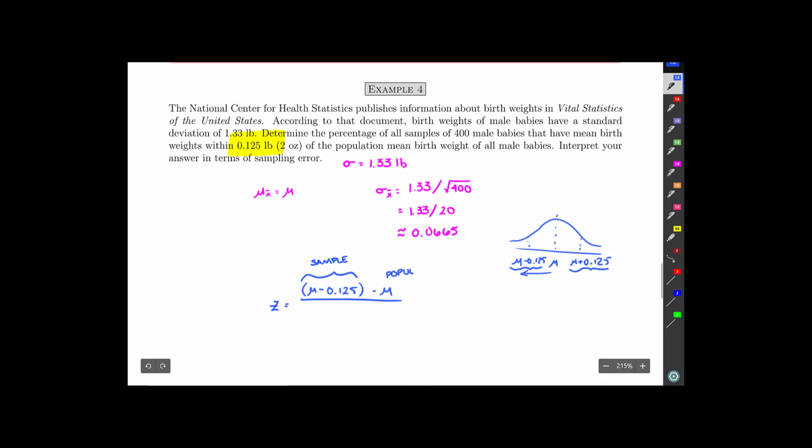So this is something that we've done before. We're just introducing a new way to calculate it, divided by our standard deviation, which we're looking at the sample. So we divide it by 0.0665, and what we end up with is negative 0.125 over 0.0665, which is approximately equal to negative 1.88.